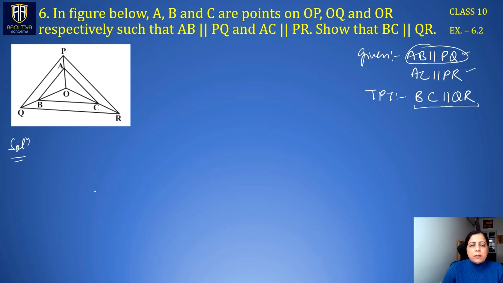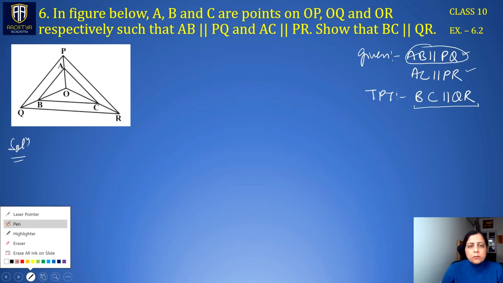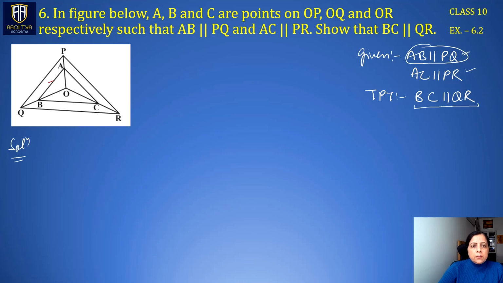Like AB is parallel to PQ. Where is AB? AB is parallel to PQ. Now where are these two parallel sides falling? They are falling in the triangle OPQ, right? So in triangle OPQ, you always have to mention the name of the triangle before applying BPT over there.